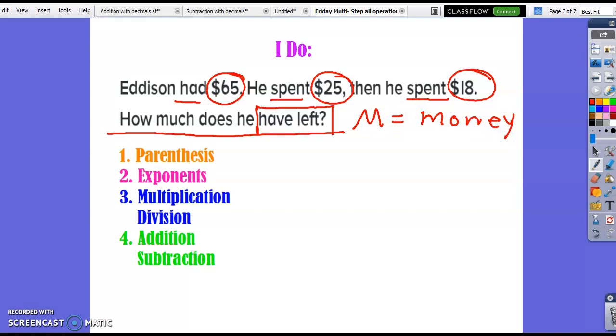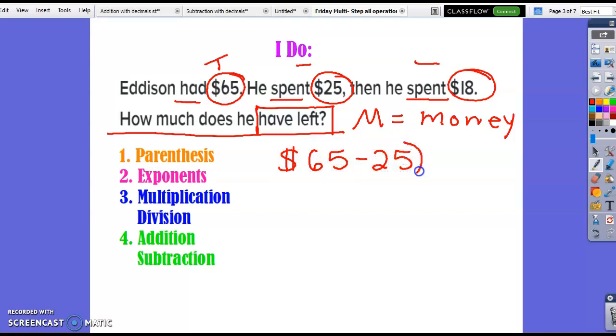So the first step is we need to build our expression. So I'm thinking to myself, this is my total. He spent, that sounds like a subtraction. And then he spent another 18. So I'm going to think about this. If I'm doing subtraction, I need to put my total first. So my expression is going to be $65 minus 25.